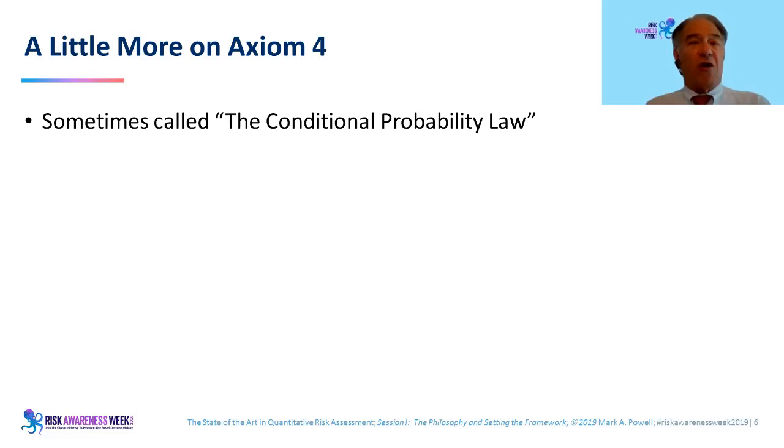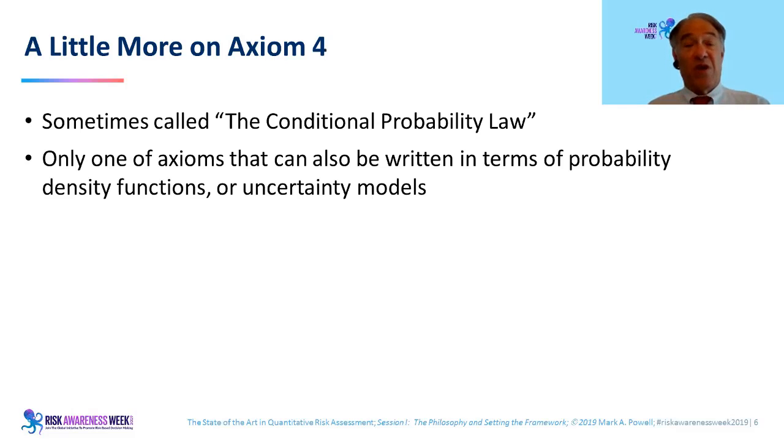Now, let's talk a little bit more about axiom 4. Quite often it's called the conditional probability law. Axiom 4 is really profound. It's the only one of the four axioms that can also be written in terms of probability density functions, or uncertainty models. That's kind of nice, and the import of that you'll see in a few minutes.